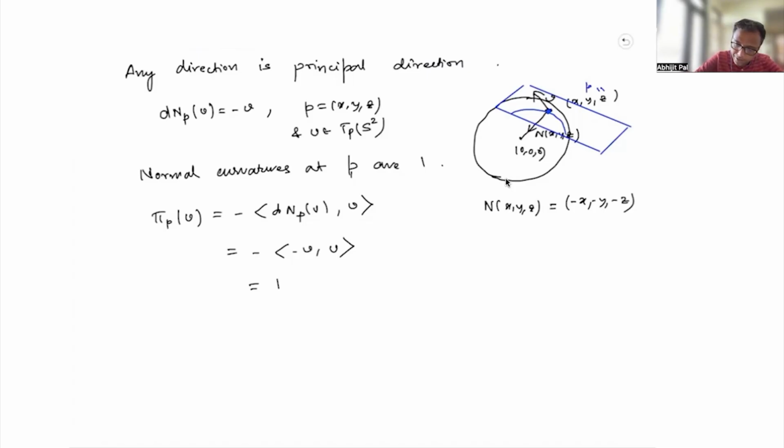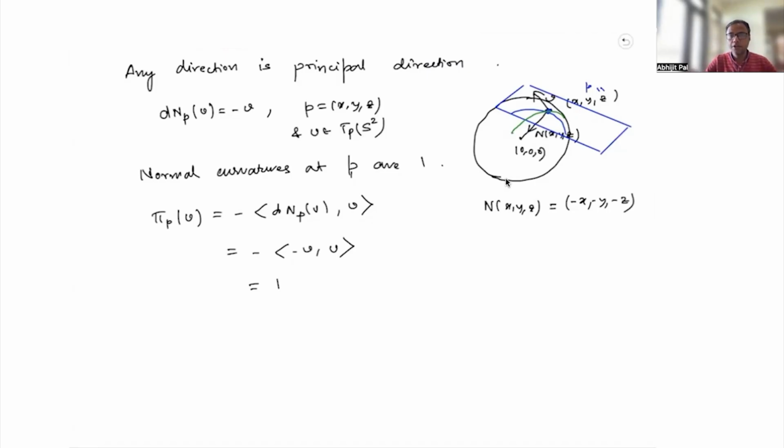If I take any other curve in this sphere passing through this point, this curve also bends toward the normal. All the curves bend towards the normal.